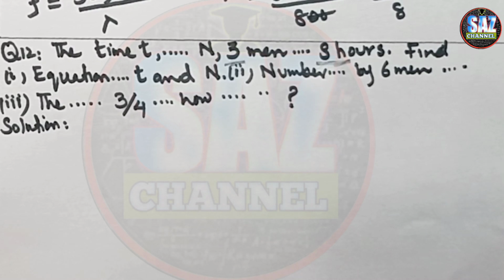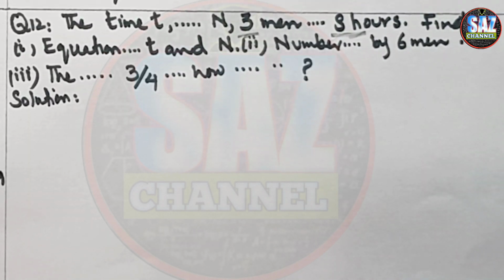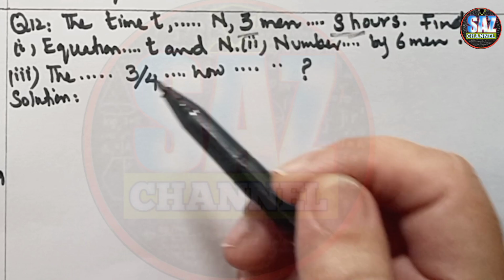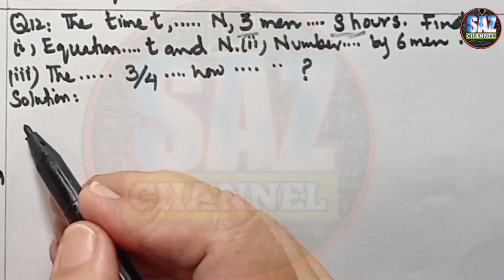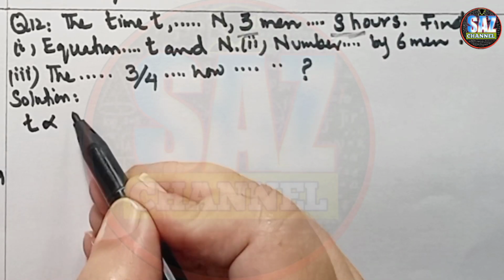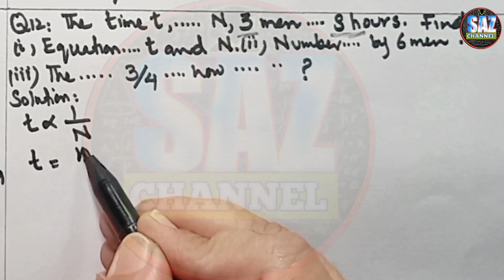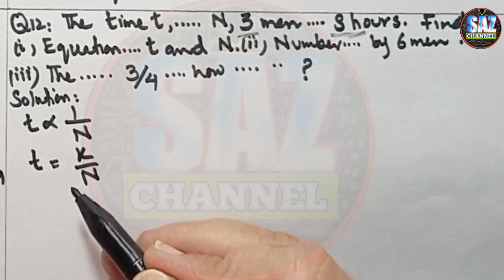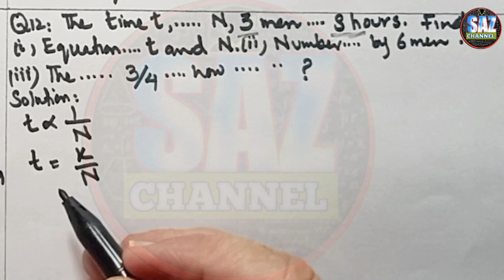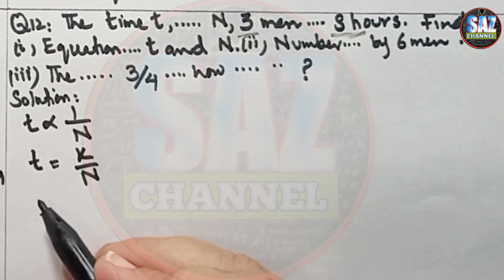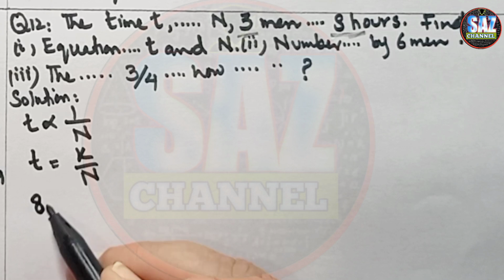As the question says, the time t is inversely proportional to n, the number of men, or t equals k by n, and it is given that 3 men can complete the job in 8 hours.